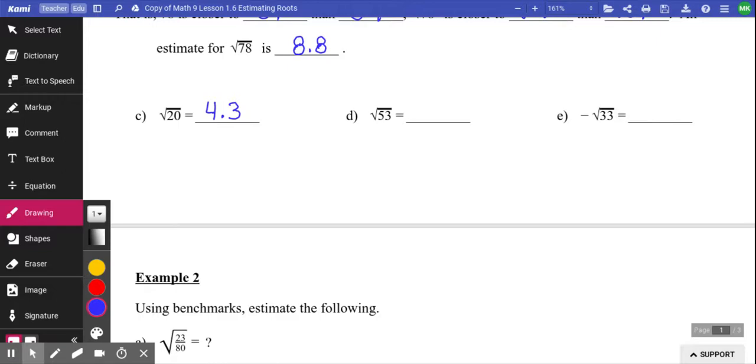If you're looking at square root 53, anyone want to offer an estimate? Yeah, Drake. 7.5. Yeah, so you're probably getting pretty close. So you're looking at 53. 53 is in between 49 and 64. It's closer to 49.